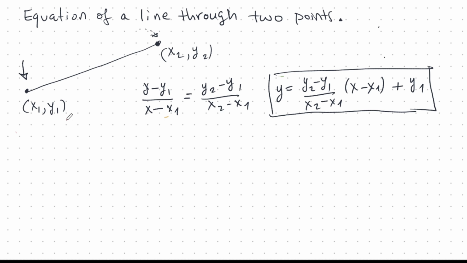Now, for our case, the first point here is A1 and f of A1. That's my point V1. And here, my point is VK, my last point. And those have coordinates AK and f of AK, like that. But if you recall, we wanted to make things a bit simpler to write.